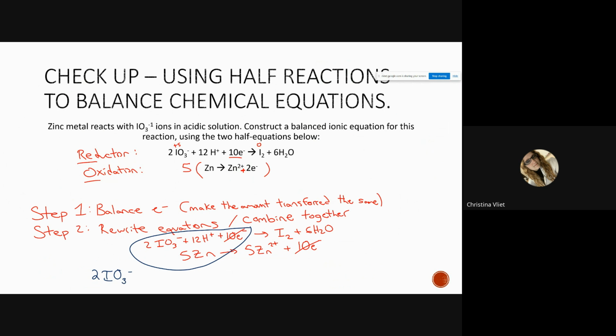So it would be 2IO3 minus plus 12H plus 5Zn. And then on the other side, we would write I2, so it's just all of this stuff, plus 5Zn2 plus, and that's it. You don't write the electrons. And that would be the full redox.